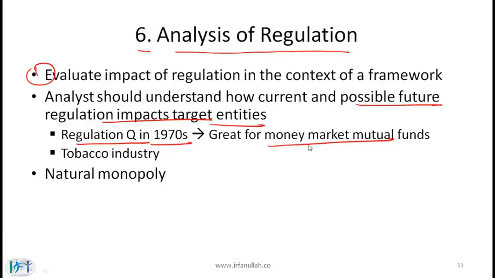So clearly this was a big bonus for this industry, and an analyst who could predict this regulation, could see it coming, and could correctly estimate the impact of this regulation would obviously be doing a good job.